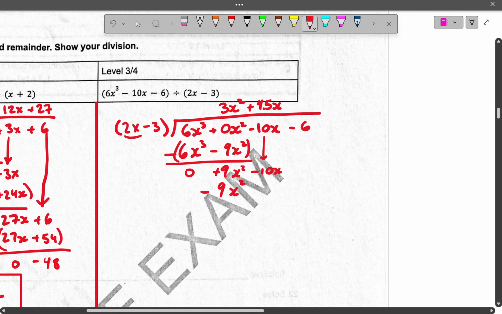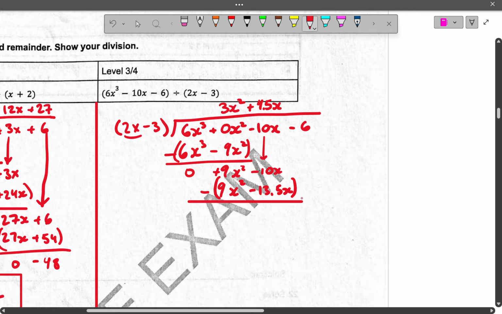and I'm going to subtract it by 4.5 times 3 will give me 13.5. So minus 13.5x. And these are being subtracted from one another again.